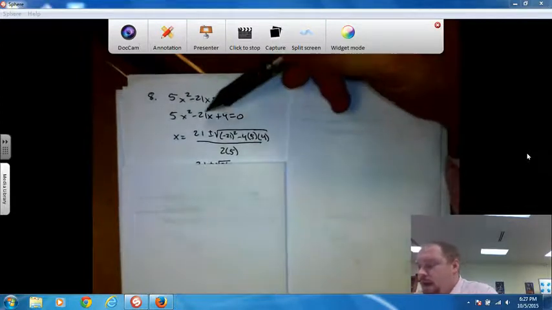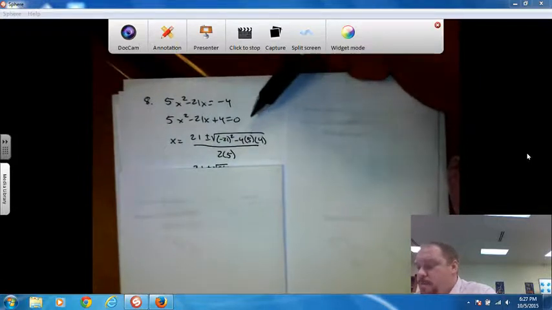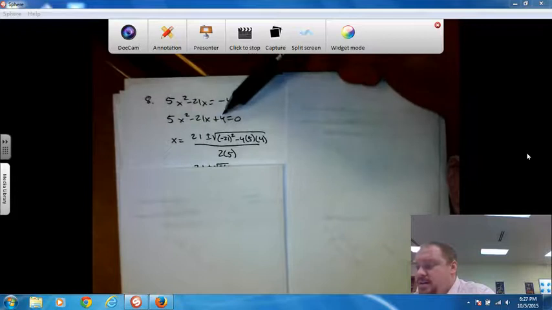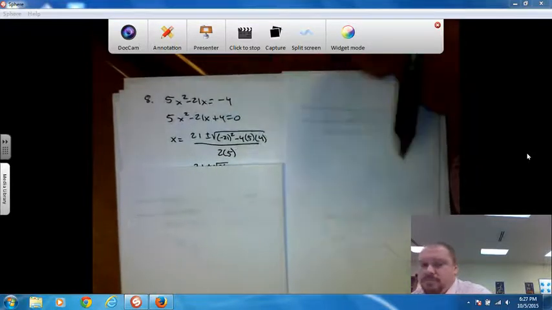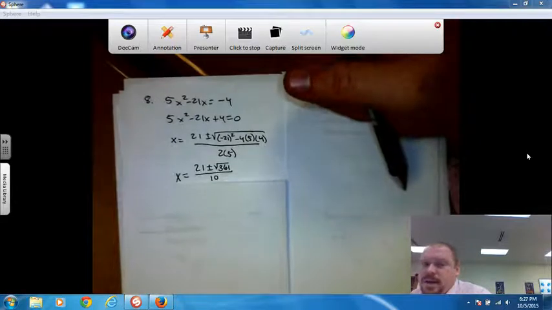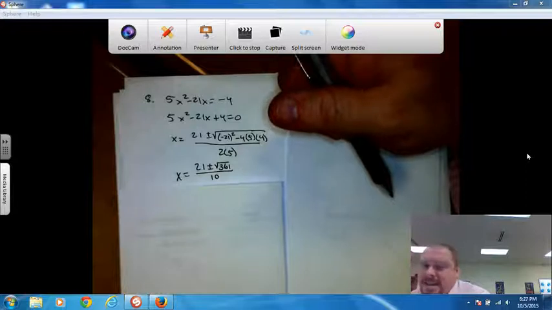So the opposite of b, plus or minus the square root of b squared minus 4 times a times c, all over 2a. So then I clean that up. 21 plus or minus the square root of 361 divided by 10.